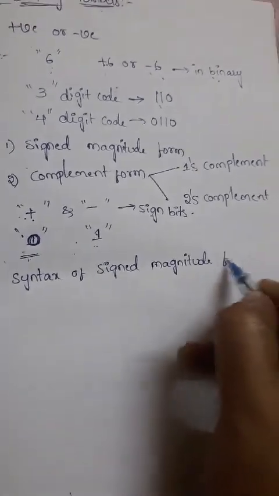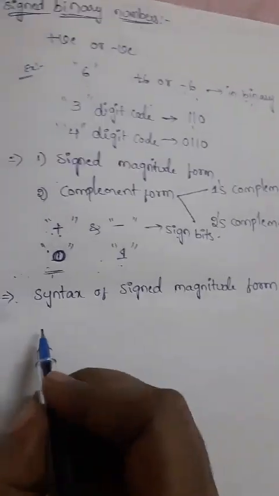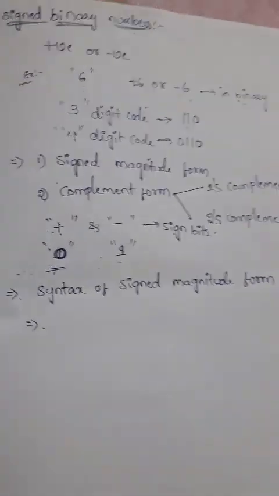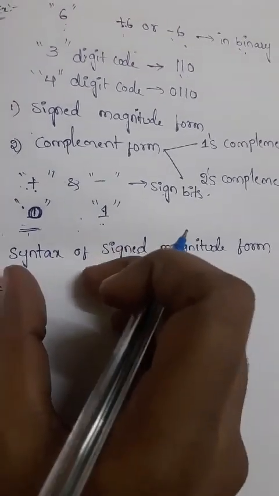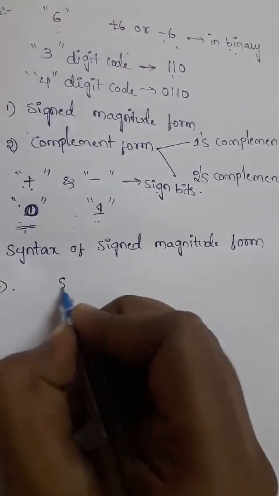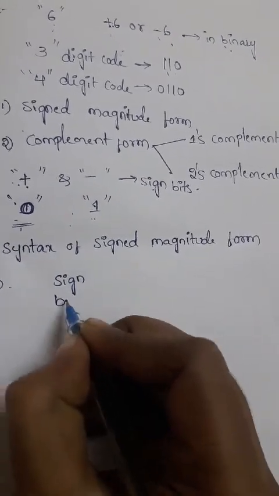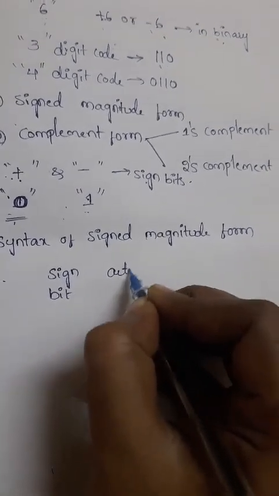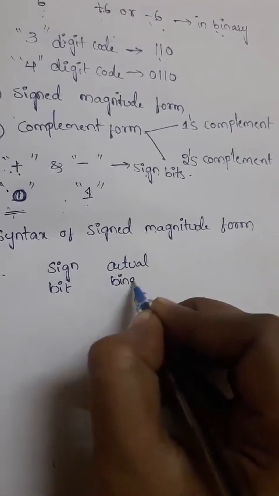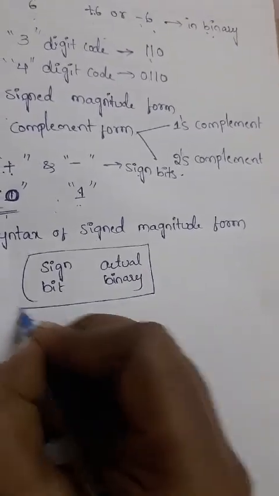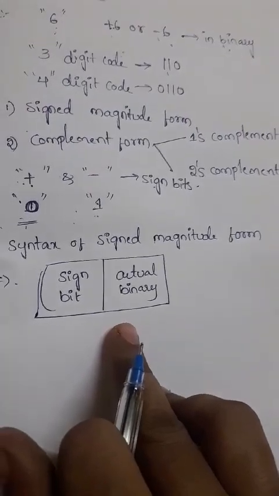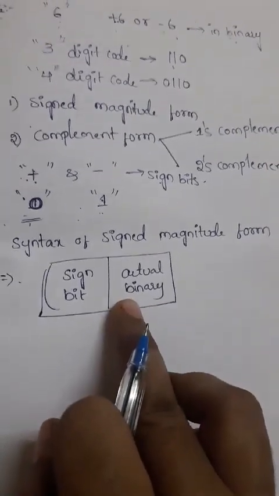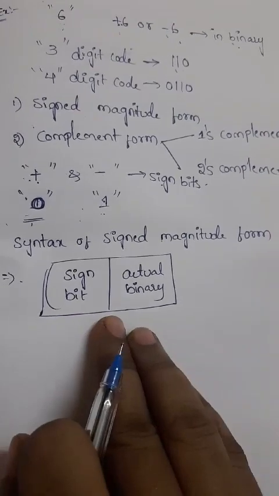The syntax of sign magnitude form can be represented as the sign bit with the actual binary number. So this is the syntax of sign magnitude form: sign bit with actual binary.